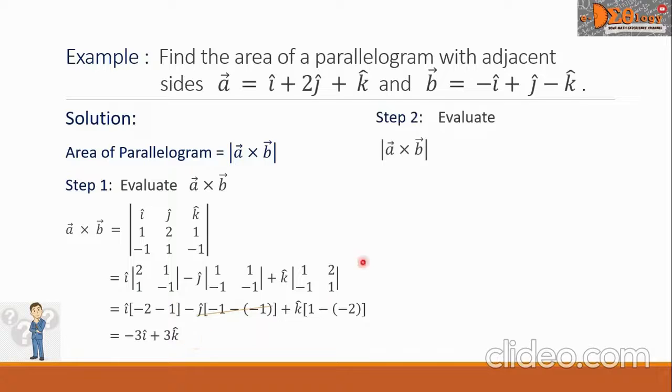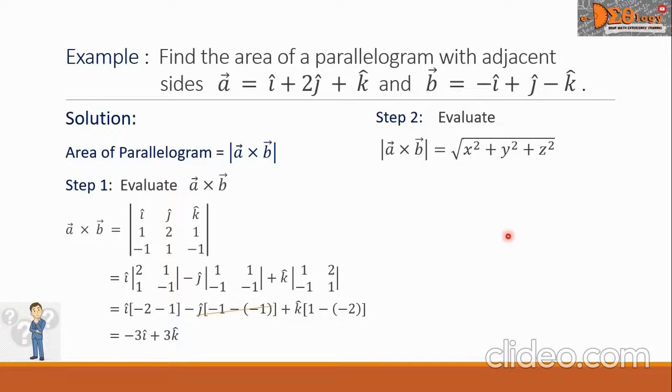Now for step 2, let us evaluate the length of vector A times vector B. Our formula is this big square root of x squared plus y squared plus z squared. The values x, y, z are coefficients of the components i, j, k respectively.